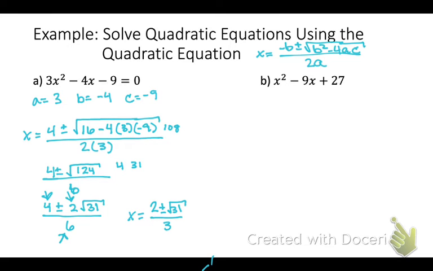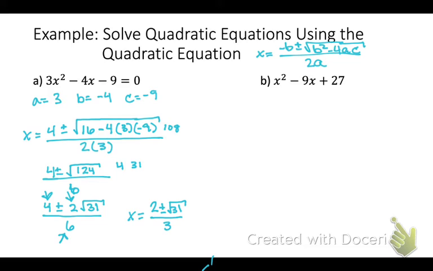You took out 2 of everything. Yeah. So there are 2 answers there, correct? There's 2 plus the square root of 31 divided by 3 and 2 minus the square root of 31 over 3. The minus is going to be a negative in this case because the square root of 31 is larger than 2, isn't it? Okay, I don't know what it is, but I know it's bigger than 2.